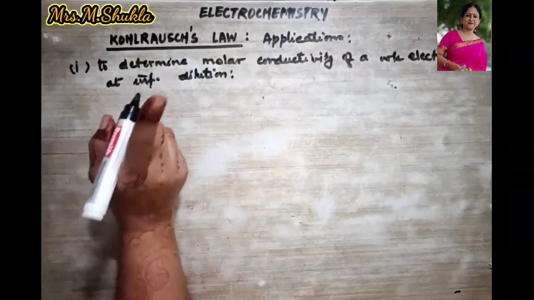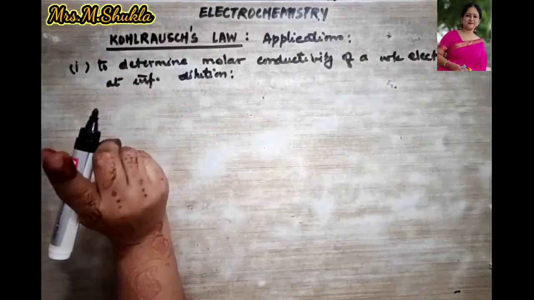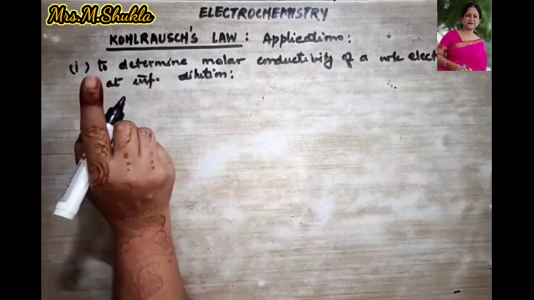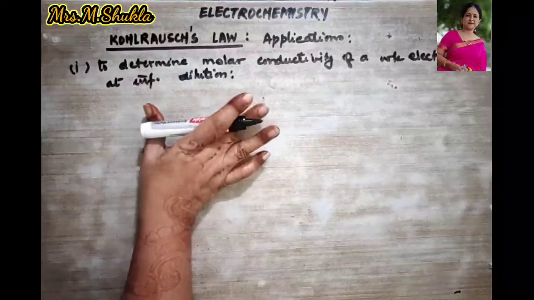If the conductance of the ionizable cation and ionizable anion at infinite dilution is given, then we directly use the method.